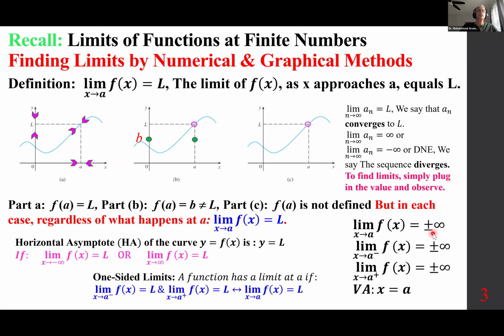And a limit exists if one-sided limits are identical. In other words, the limit of f of x as x approaches a from the left equals L, and the limit of f of x as x approaches a from the right is L, then we can say the limit of f of x as x approaches a equals L.